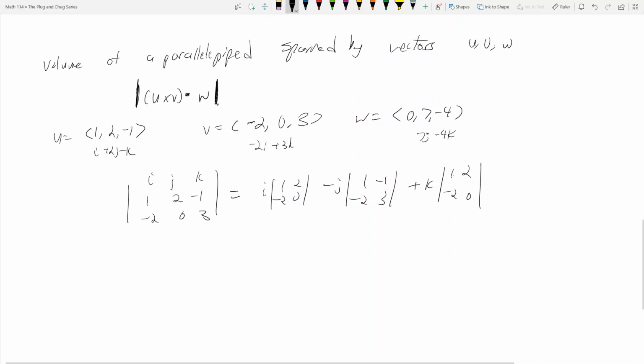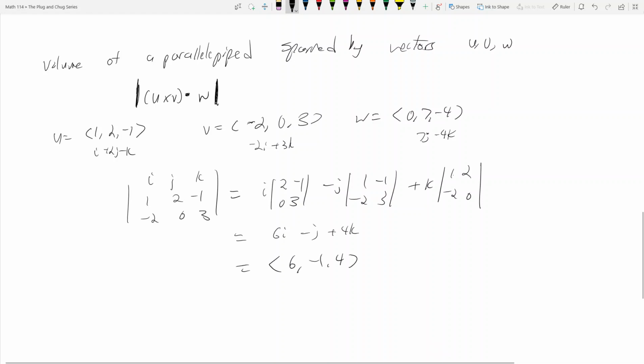Oh, I did this wrong. This matrix is wrong: 2, negative 1, 0, 3. Okay. And then this is 6i minus, what, 3 minus 2, so minus j, plus k times 0 plus 4, so 4k. All right, so this is 6, negative 1, 4.